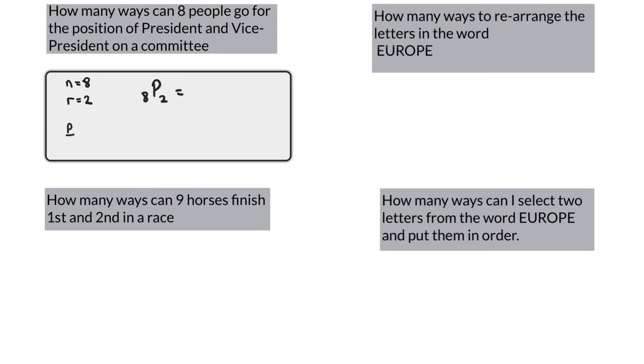You could have A go for president and B for vice president. Well, also B could be president and A could be vice president. So it is a permutation. And of course, 8P2 is 8 factorial over 8 minus 2 factorial.